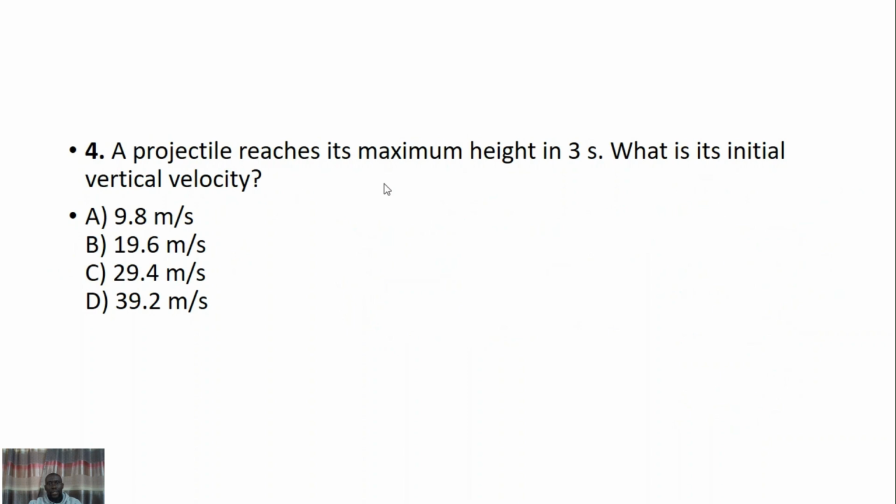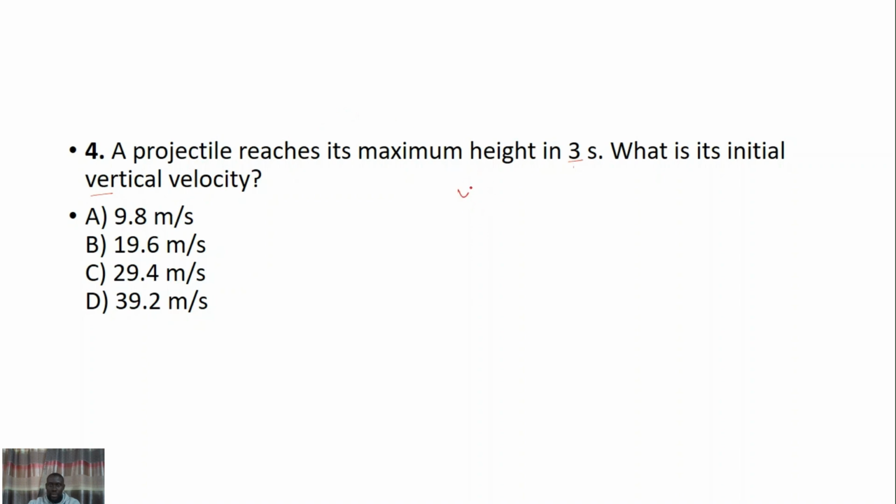They say a projectile reaches its maximum height in 3 seconds. What is its initial vertical velocity? Its initial vertical velocity can be gotten when we use the equation of motion, which will have the time and the initial velocity and final velocity, right?